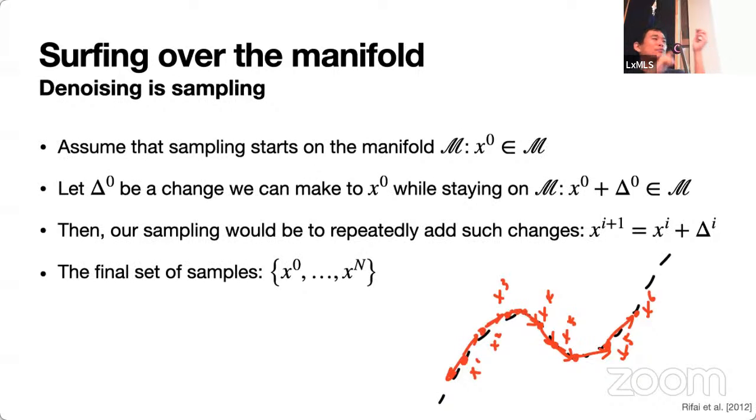If I know how to bring that back onto the data manifold, that is, denoising, then I should be able to start from some point on the data manifold, kick it off the manifold, bring it back, kick it off, bring it back, and thereby I can sample from the entire space of the data manifold quite efficiently without having to worry about going too far away from it.